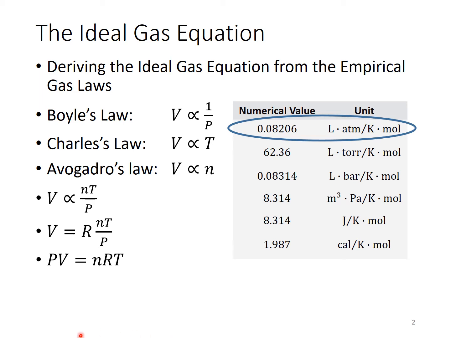Again, there are a few other strange values of R that we will very briefly talk about in the future, but don't worry too much about that. We're pretty much always going to be using liters times atmospheres per mole times Kelvin. And it is important that you know what the units are for that, because it will help us indicate the units for these other variables.